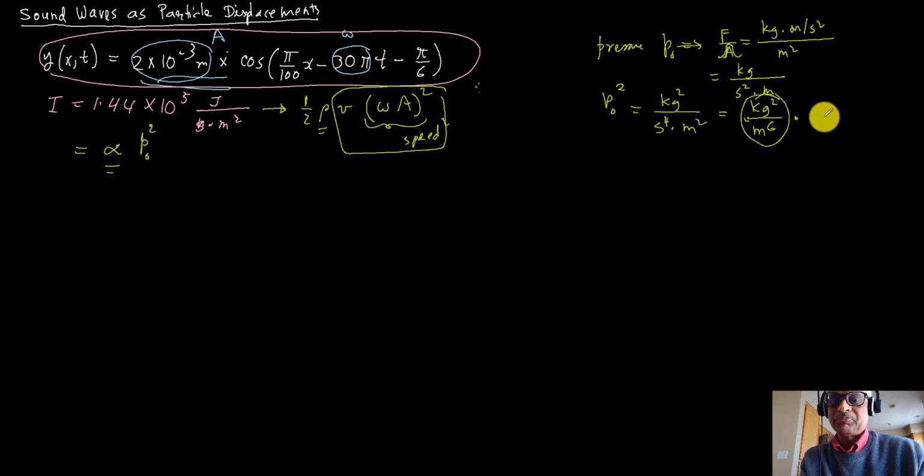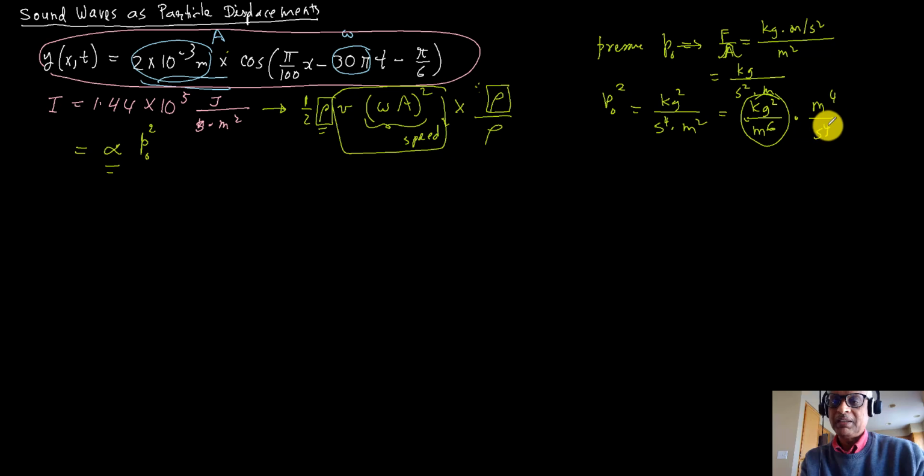And then if I were to multiply rho over rho, this rho with this rho will be density squared. And then I have meter to the power 4 over second to the power 4.